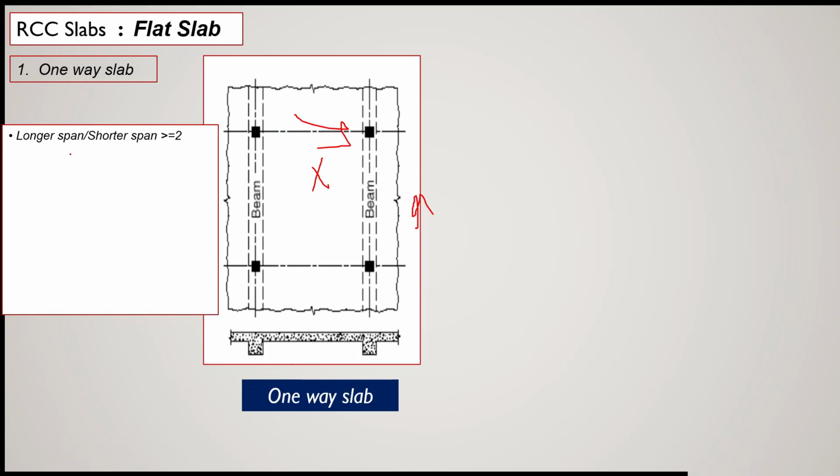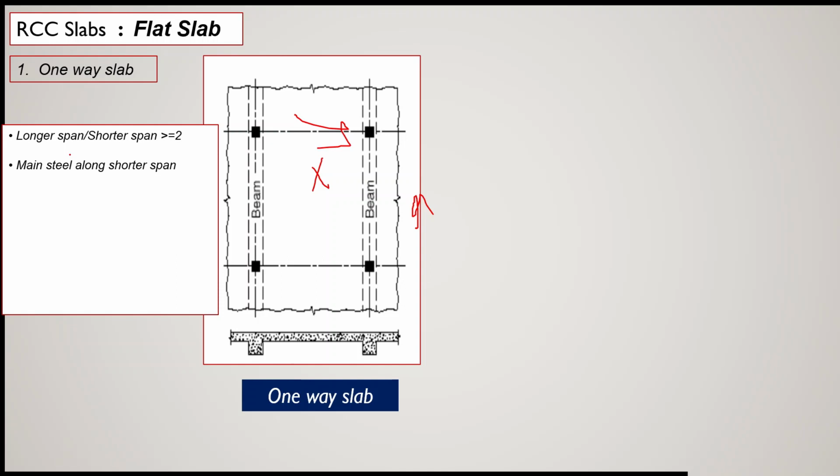Now what is the guideline to decide whether it is a one-way slab or a two-way slab? First of all, we have to check whether the longer span by shorter span ratio is greater than or equal to 2. If so, then it is a one-way slab. Main steel will be provided along the shorter span, only along one direction.